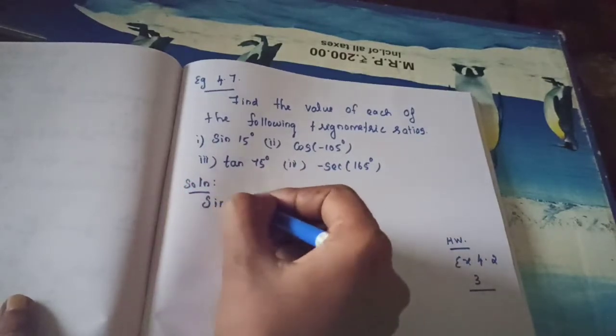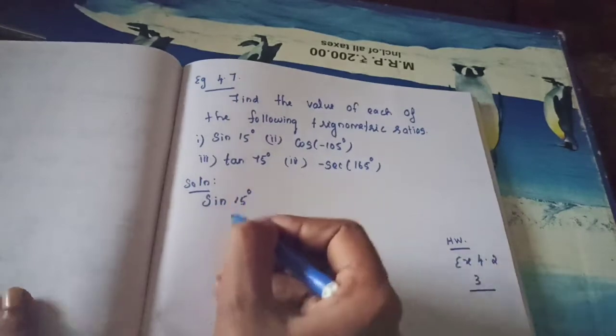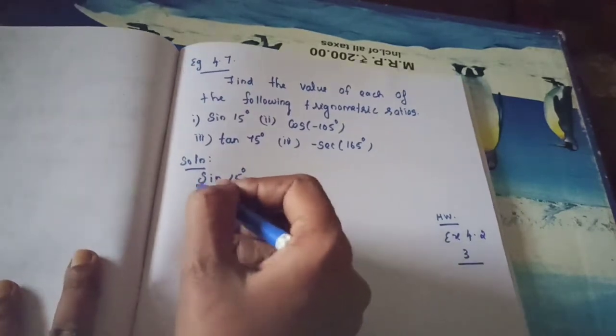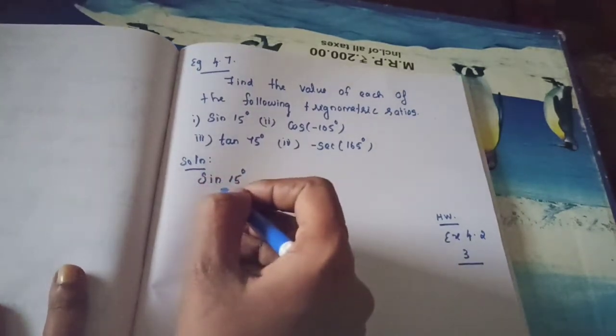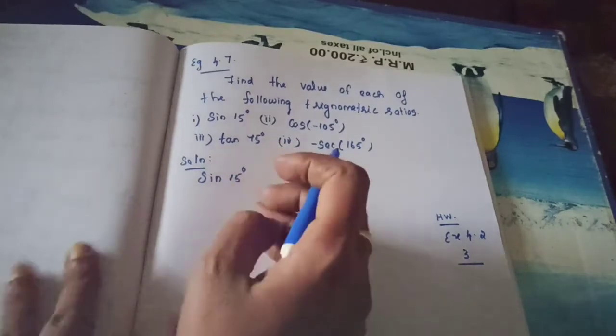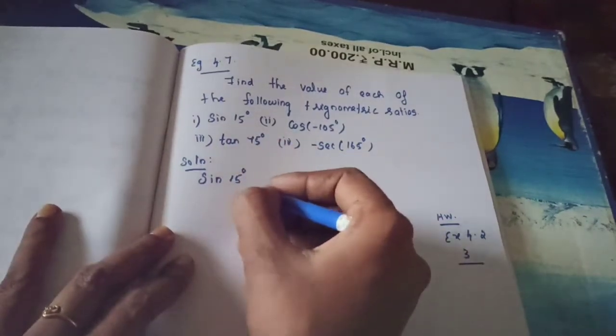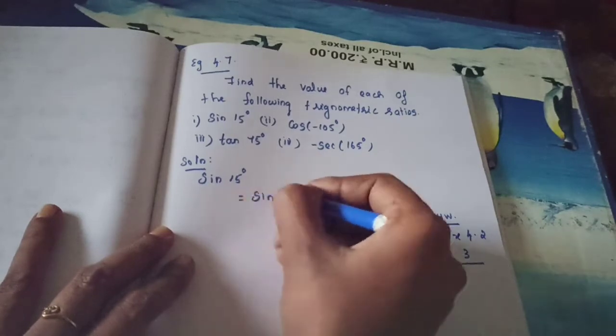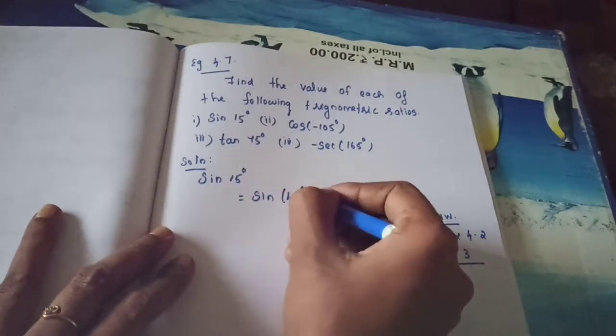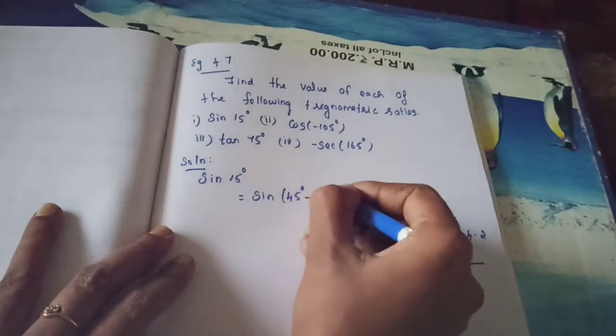Sine 15 degree. This one we need to make in the form of sine A minus B or sine A plus B. So how will you change this? One angle must be a known angle, that is 45 degree minus 30 degree.